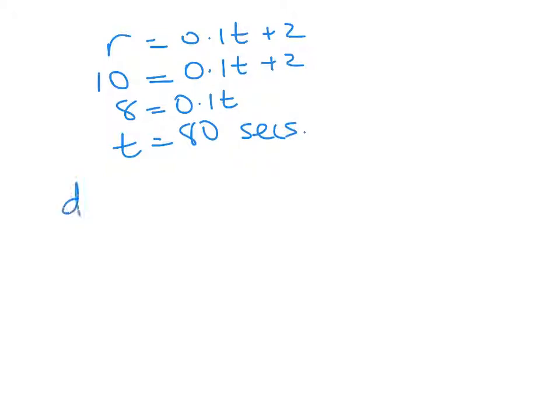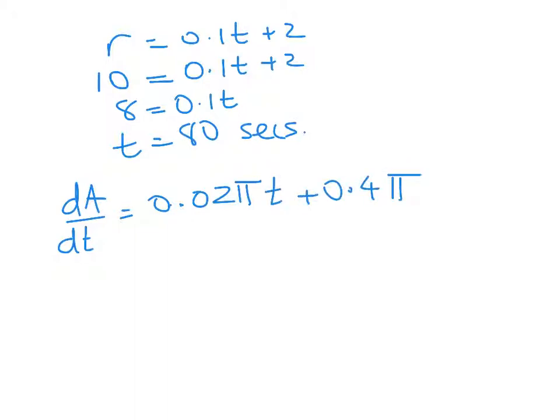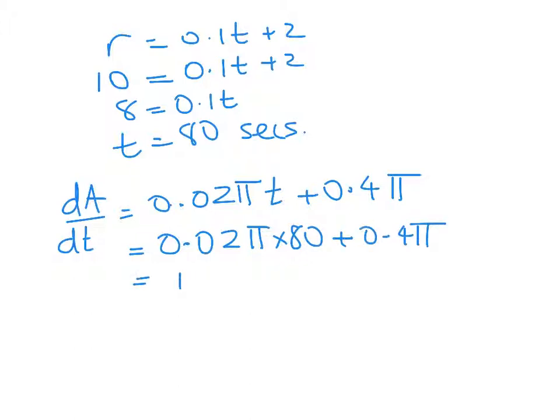Now, we've got dA by dt. That's equal to 0.02 pi t plus 0.4 pi. So that's going to be 0.02 pi times 80 plus 0.4 pi. Now that actually simplifies out really nicely. I know most of you will do that on your calculator, tragically.